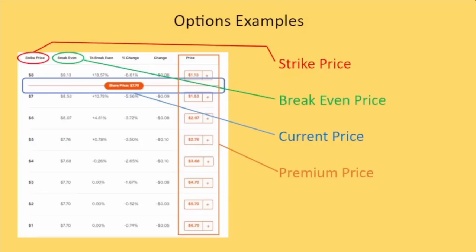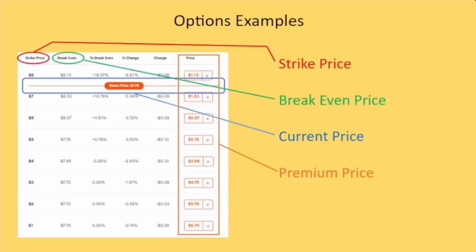Then we're going to look at current price. On different platforms everything's different, so there's a reason we're walking through this one. On this platform, the current share price is $7.70, and it's between the $8 strike price and the $7 strike price. Now pay attention, that's going to be important later on.